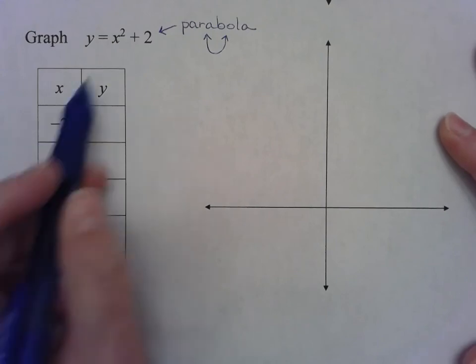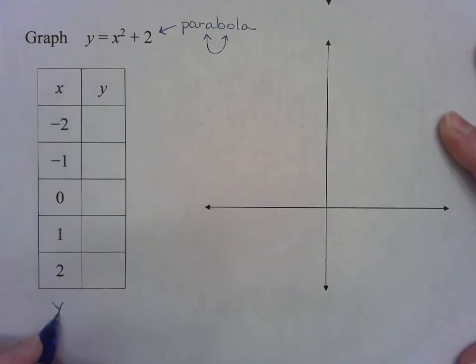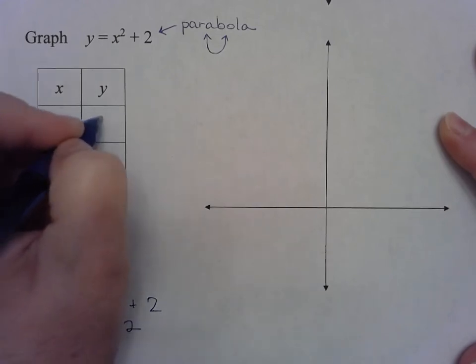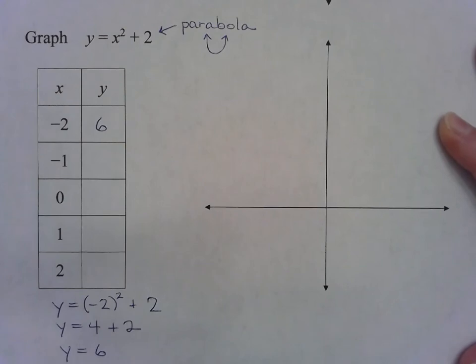So if I plug in -2, it's not a bad idea to put parentheses around a negative number when you substitute it in. So -2 times -2 would give me +4. And 4 plus 2 would give me 6. Okay, and I could do that same thing for all of these.